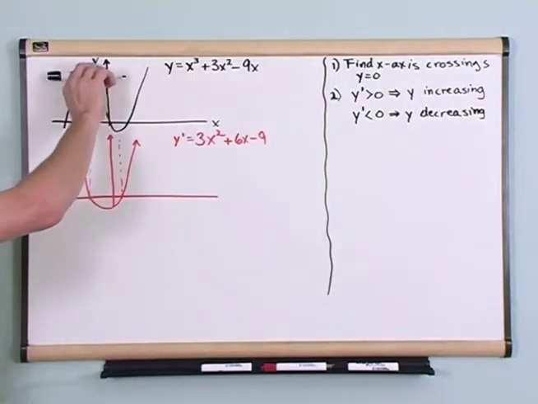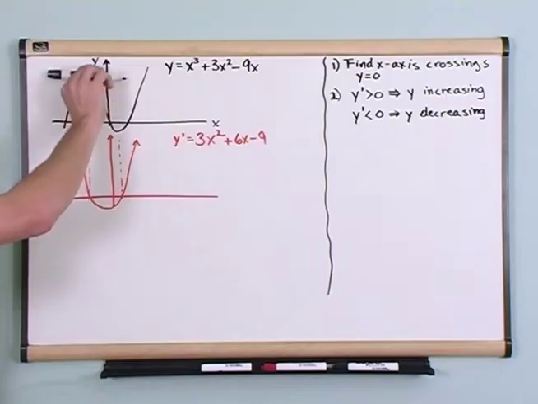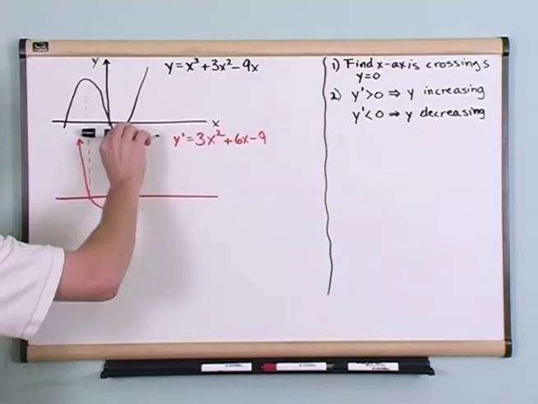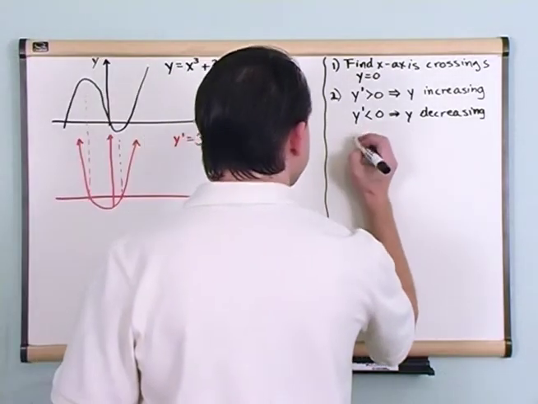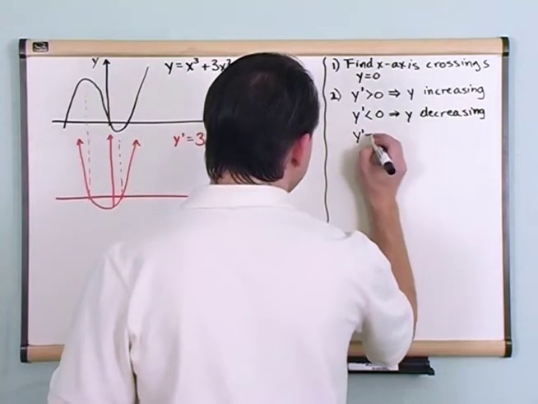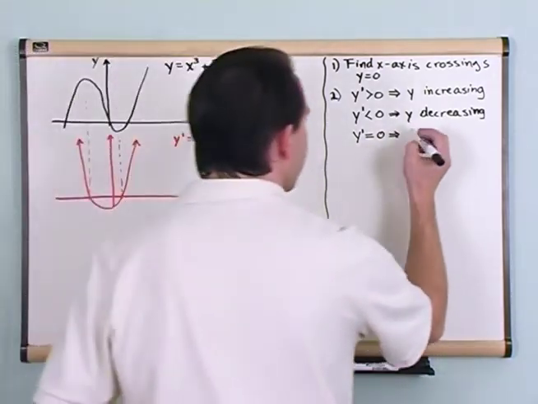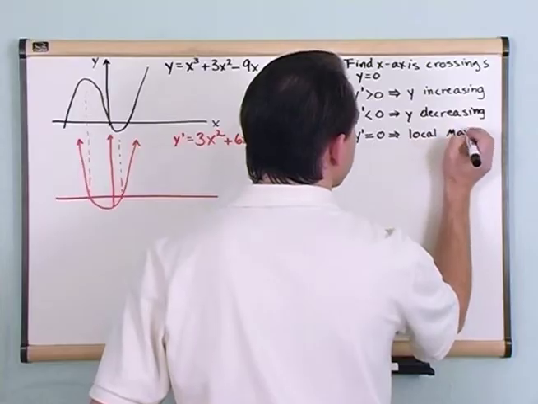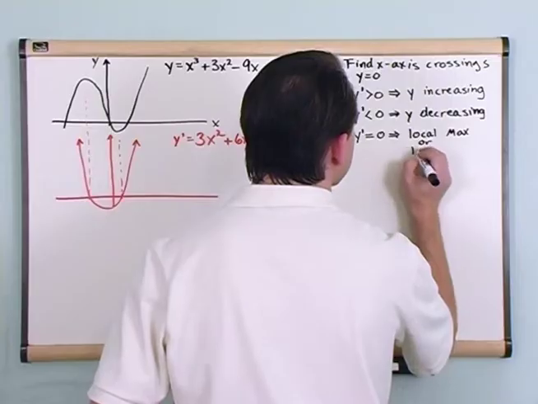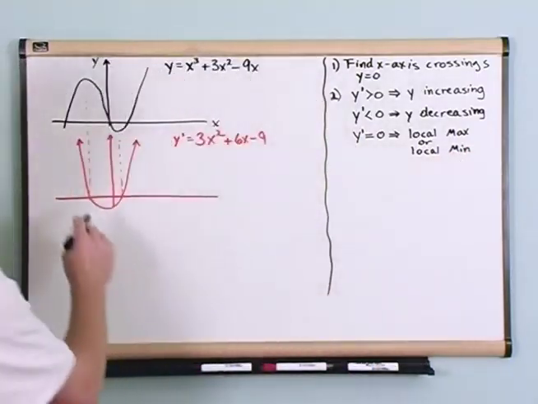But anytime you have one of these, the slope, which is the slope of the tangent line to the curve, has to be 0 at this point, has to be 0 at this point. So what can you learn from this? If the derivative is equal to 0, okay, what does that mean? That means I have a local max or local minimum.